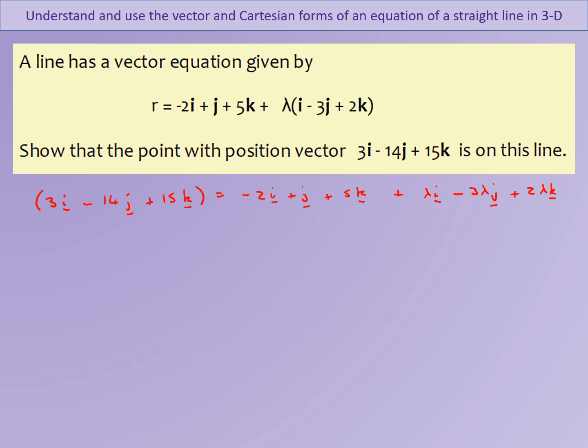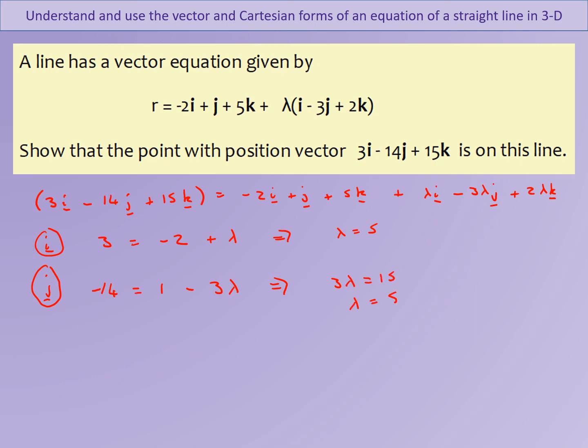So taking the i direction only, we get 3 equals minus 2 plus lambda. So that leads us to lambda equals 5. If we consider just the j direction now, we get minus 14 equals 1, minus 3 lambda for the 3 lambda j. So that gives us 3 lambda equals 15.